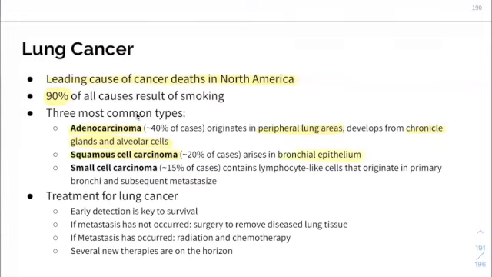So it comes from that bronchial epithelium. Small cell carcinoma. They have lymphocyte-like cells. It comes from those primary bronchi and they will metastasize.